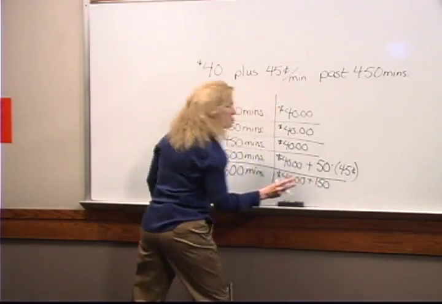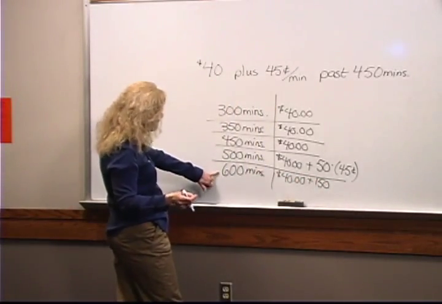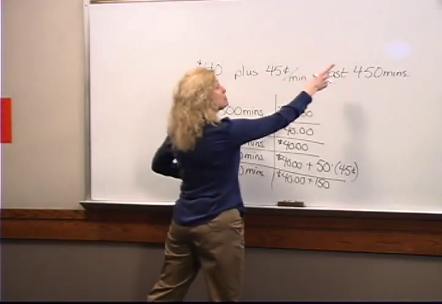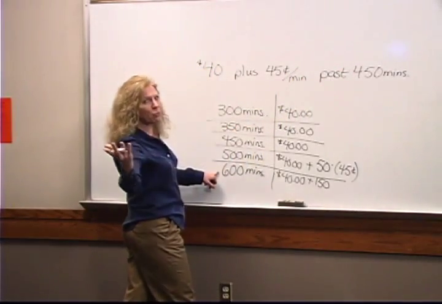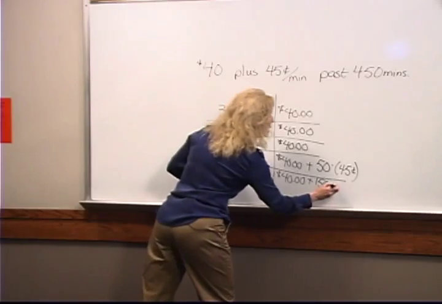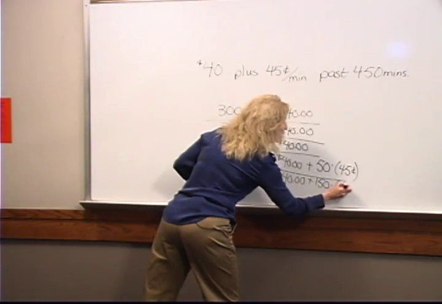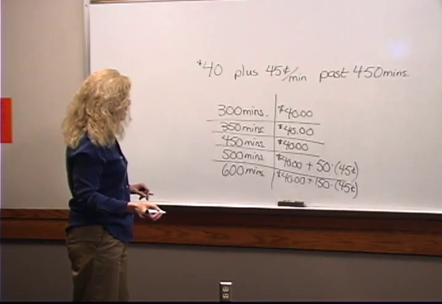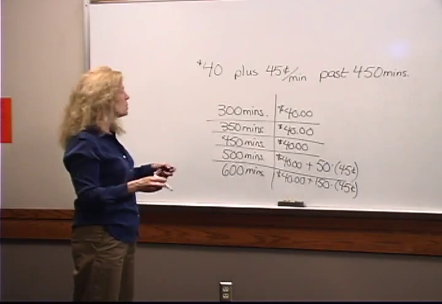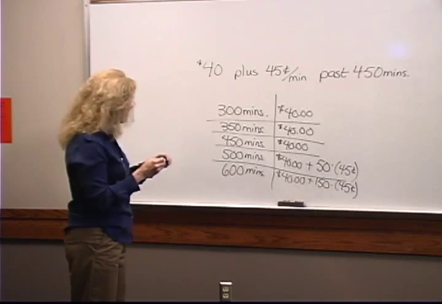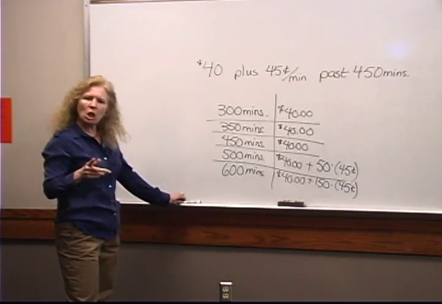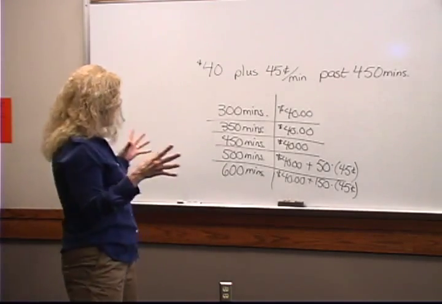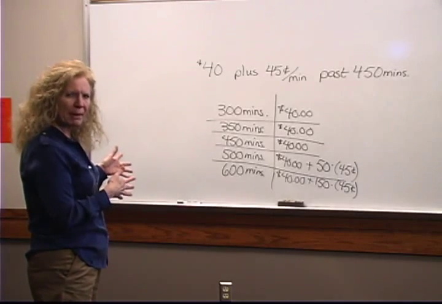And we get the 150 by taking the number of minutes we actually used and subtract off the 450 that are for the basic fee. And we take that times 45 cents, right? Okay. So we kind of have the idea of what's going on here. You know what's kind of interesting about this? If you look really closely, do you see that there's kind of two ways to figure this problem out?